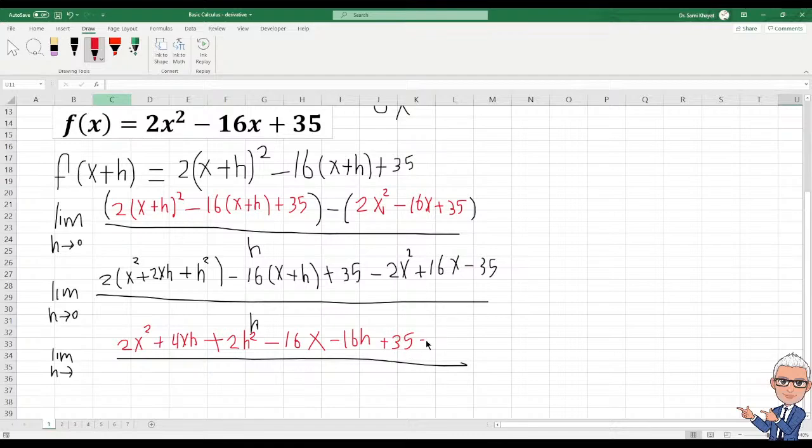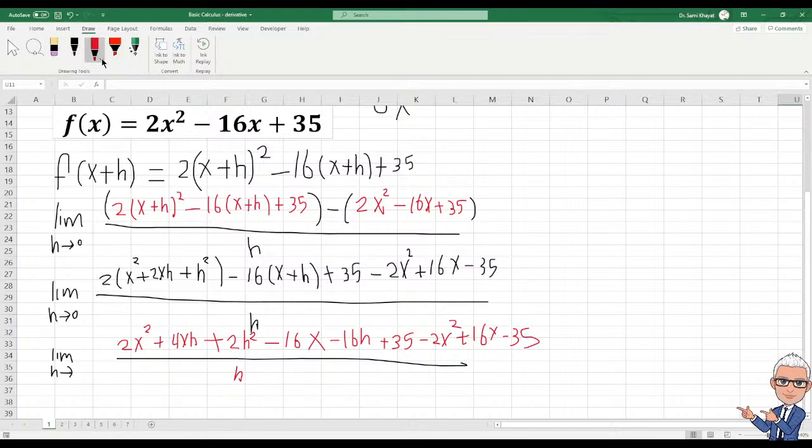Now this one is minus 2x squared plus 16x minus 35, divided by h.